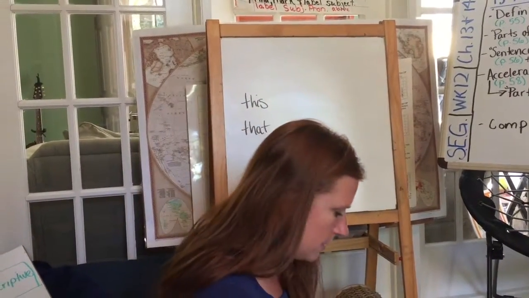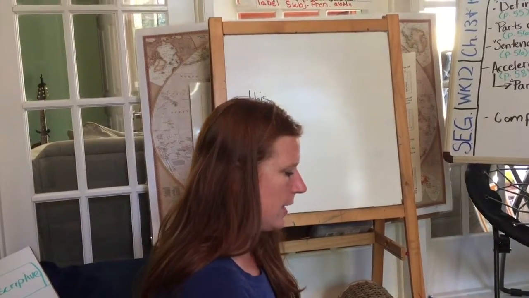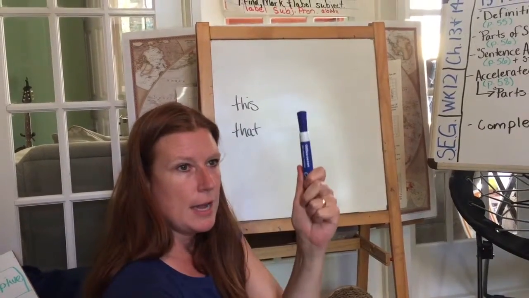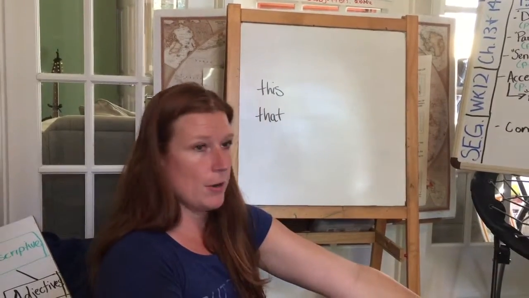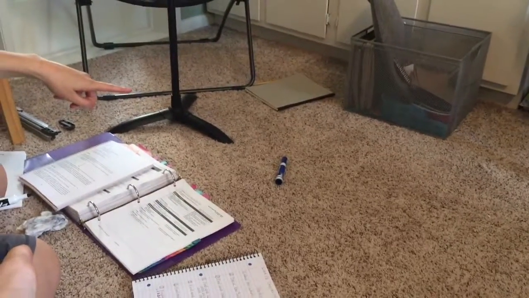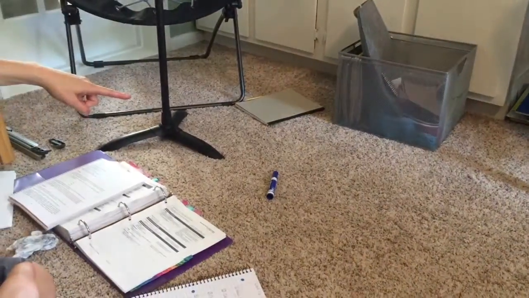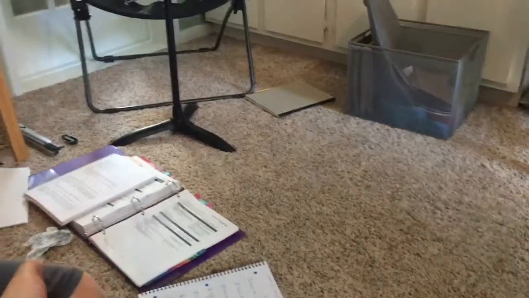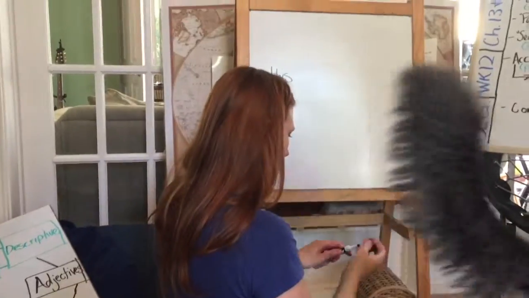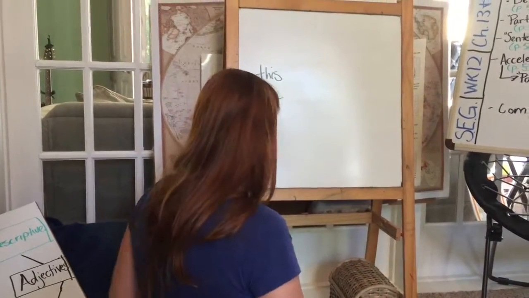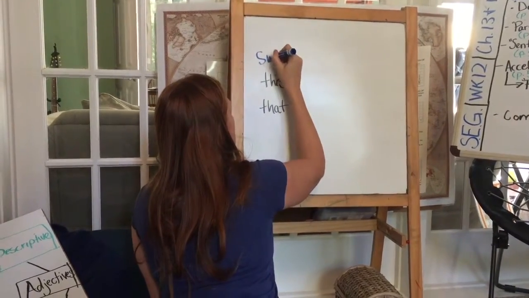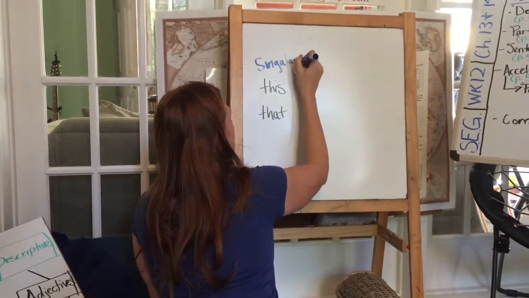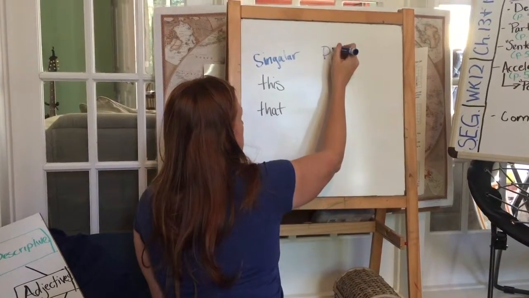Okay, so if I'm holding up this marker, how many am I holding up? One. If I say that marker, how many markers am I talking about? One. That one. Okay, so we have this and that are singular. Guess what? We have plural versions.